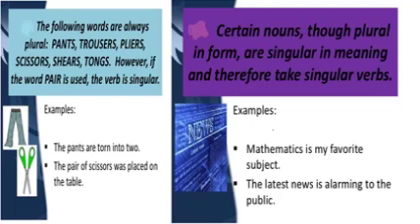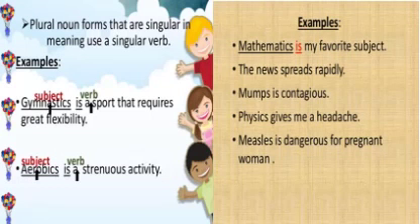Okay, students. I told you what irregular nouns are. Irregular nouns means irregular subjects. Okay, students. So now here you can see plural noun forms that are singular in meaning use a singular verb.